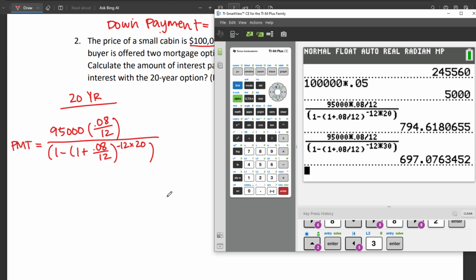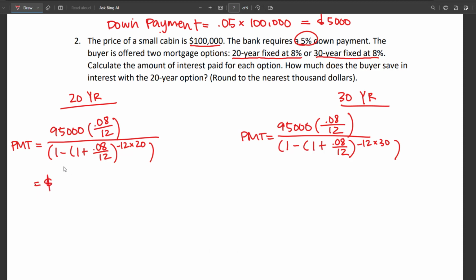So let's put our payments. We're going to round to the nearest dollar. So $795 for the 20-year option and then $697 for the 30-year option. Okay? So these are our monthly payments.